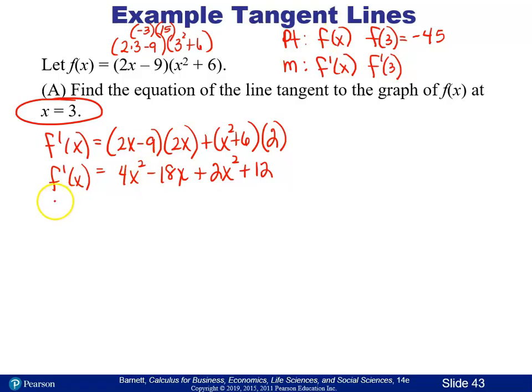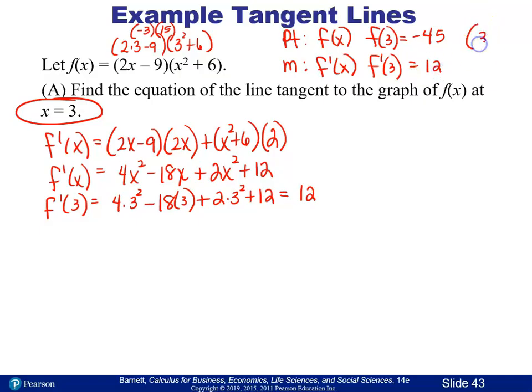Okay, when I plug into the derivative, I'll have 4 times 3 squared minus 18 times 3 plus 2 times 3 squared plus 12. And that looks like it's going to give me a value of 12. Okay, so our point then is 3, negative 45, and our slope is 12.